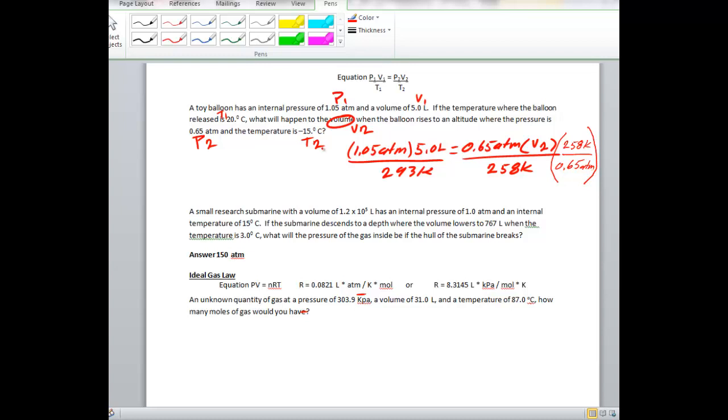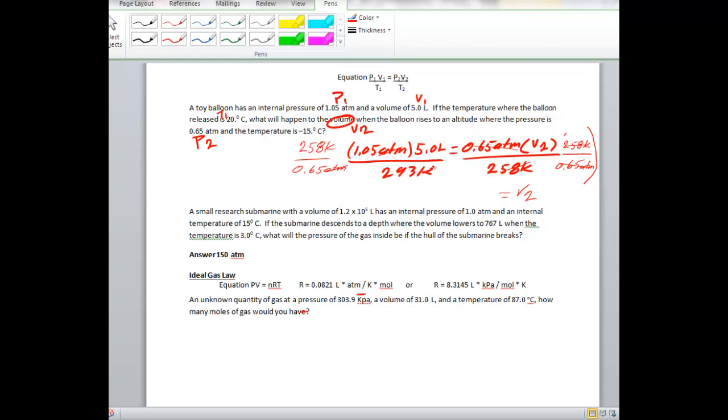I do the same thing on this side, so I have 2.58 K over 0.65 ATM. I can cancel out, well, this cancels out this, and this cancels out this, so you're left with V2.